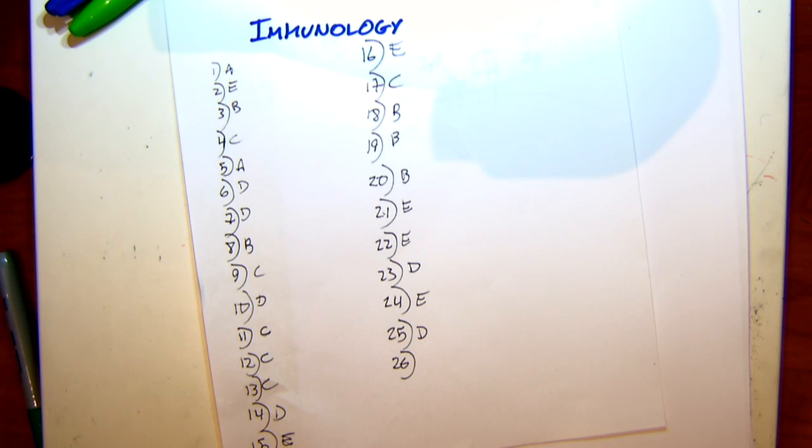Because your surrogate light chain is actually a good thing if it can bind to your heavy chain. So if it does, it wants your B cell to continue with the whole process. So it's actually going to prevent the cell from dying, right? So 26 is going to be C.